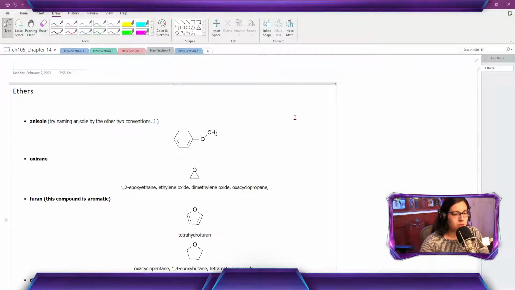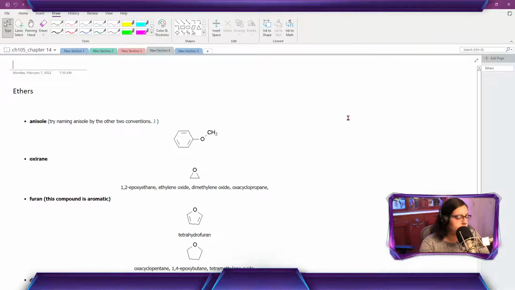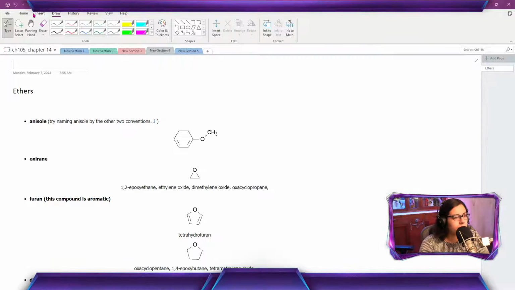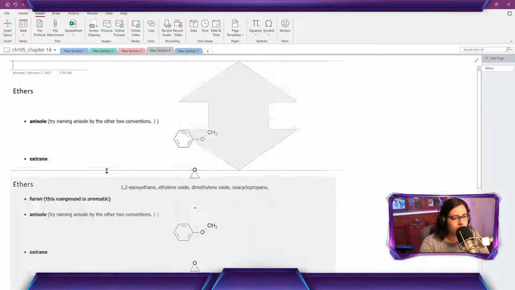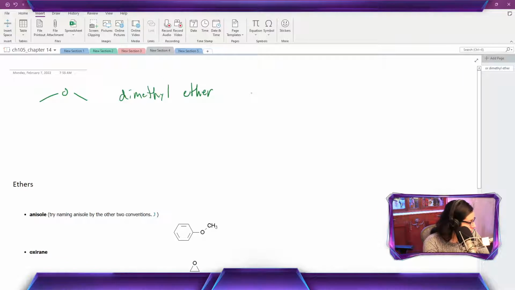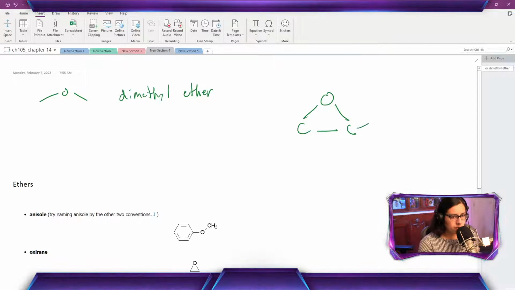So let's round out the chapter with ethers and thiols. And so ethers, again, we went over some of the naming, at least for our simple ethers. So this is dimethyl ether. You could also have what are called epoxides, but I wouldn't put epoxides and ethers in the same category.